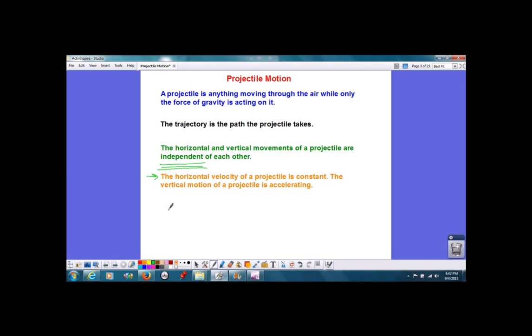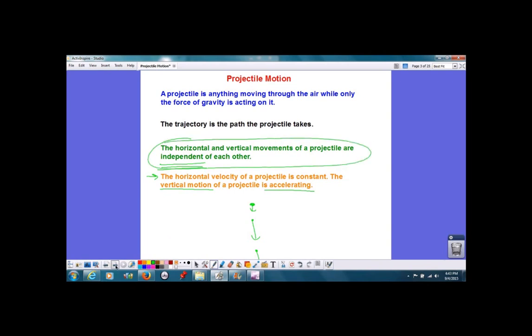Gravity pulls us in one direction, down, towards the center of the earth. So we're not going to have any acceleration to the right or to the left. On the other hand, the vertical motion of a projectile is accelerating, and it's accelerating downward because of gravity. So as it goes down, it will speed up. So they're independent of each other.